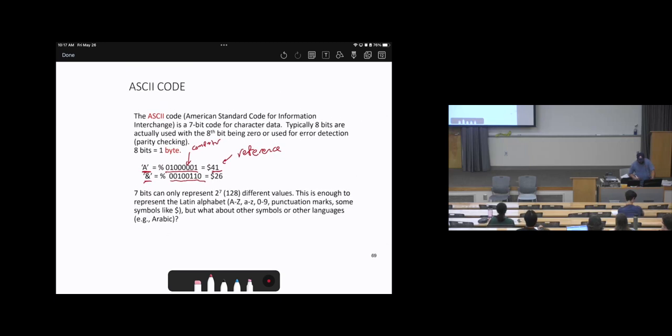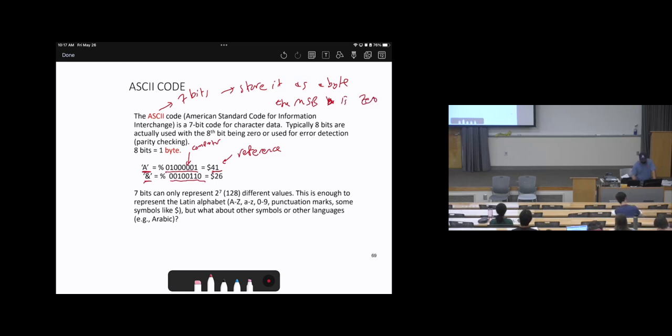Then, we mentioned that ASCII code is actually 7 bits. Because we need to store it as a byte, we make the first bit, the most significant bit, 0.